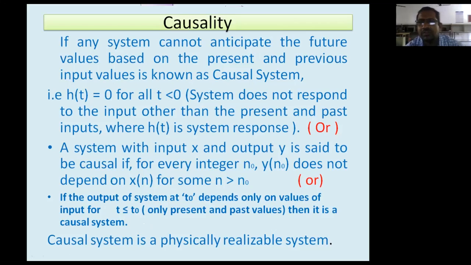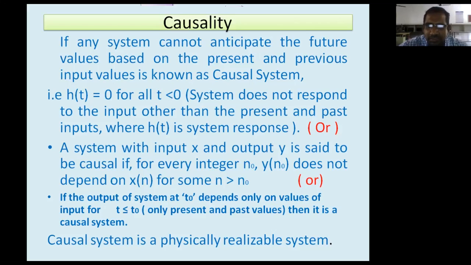I have taken the present time period as T naught. So until T less than or equal to T naught, the system is going to give the response. If the output of the system at T naught depends only on the values of input for T less than or equal to T naught, then only that system is called a causal system. For inputs greater than T naught, if it does not produce any output, then the system is known as a causal system for us.